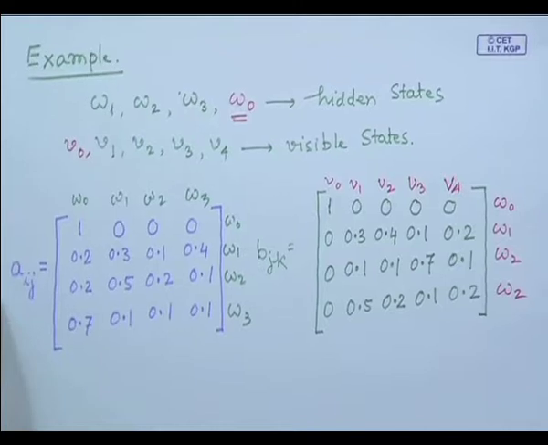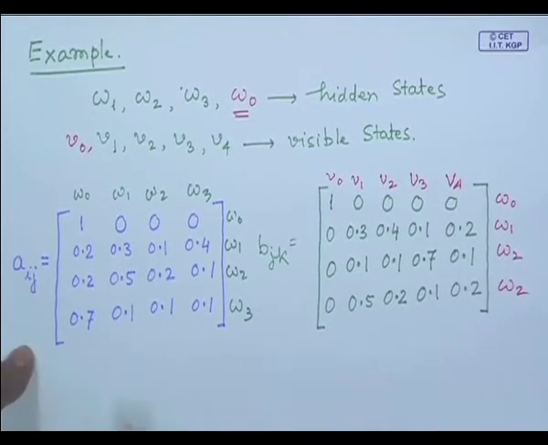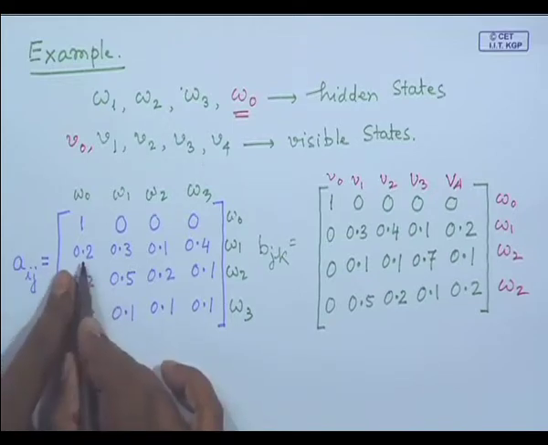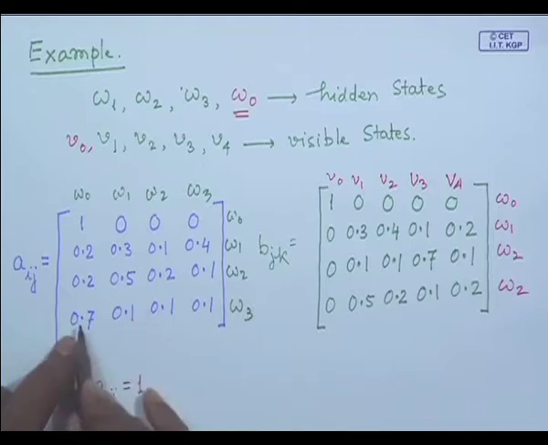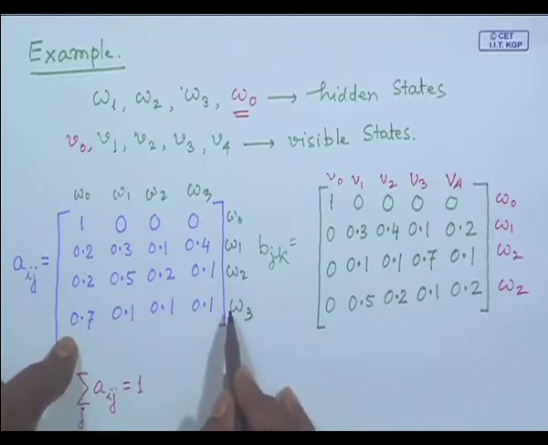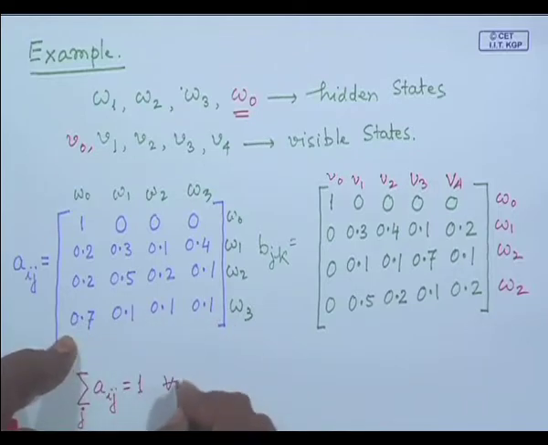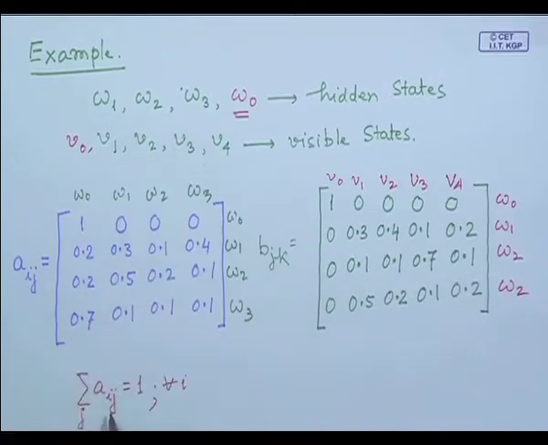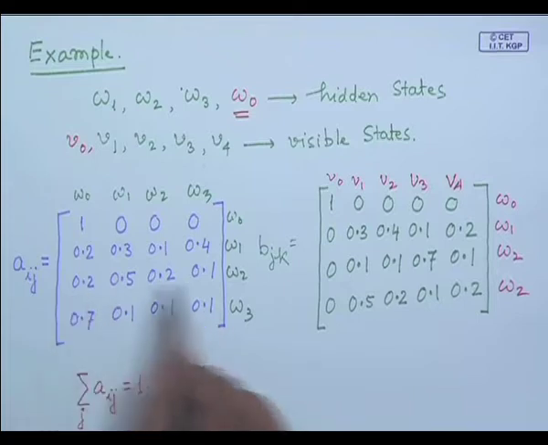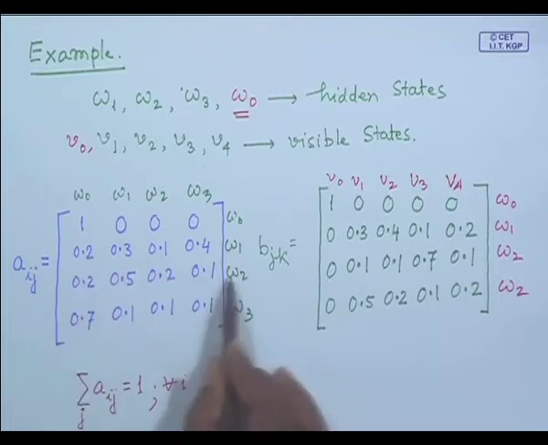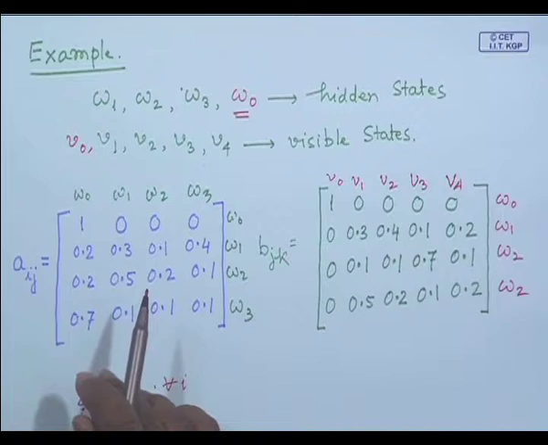And we had also put two more constraints. We had said that the sum of A i j has to be equal to 1 when you take the summation over j. So, here you find that if you take the sum of any of the rows, the sum will be equal to 1, and this is true for all i. That means, for all the rows this has to be true. Sum of the transition probabilities in a particular row is always equal to 1.